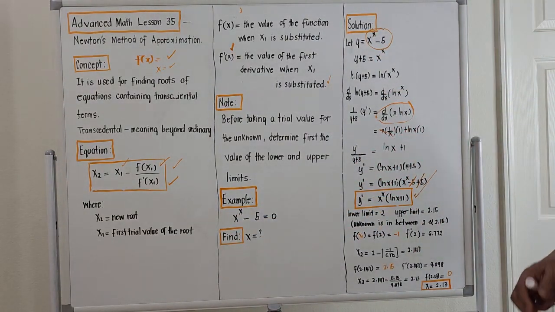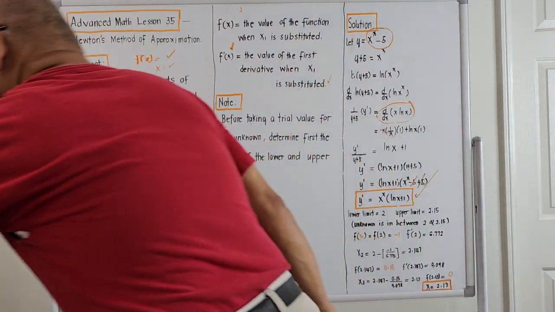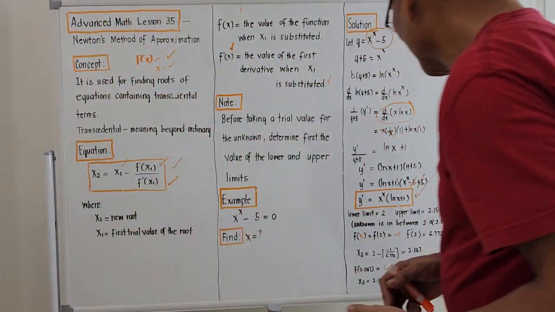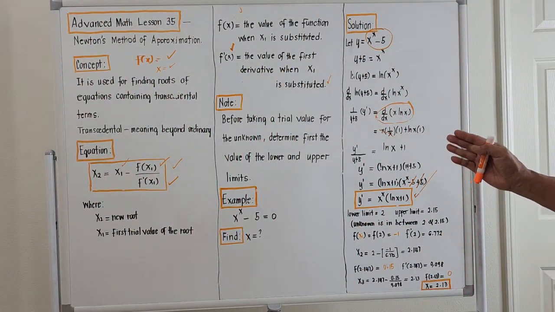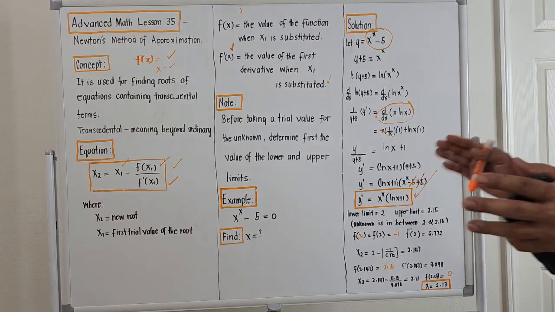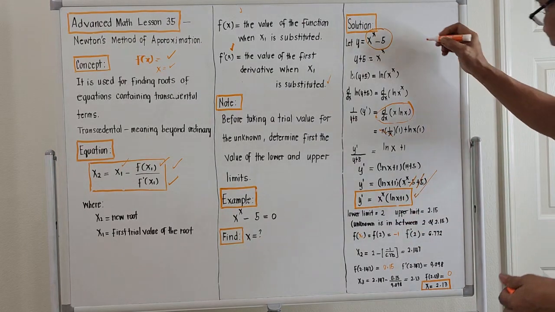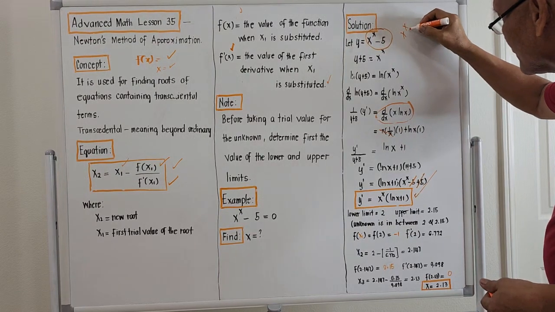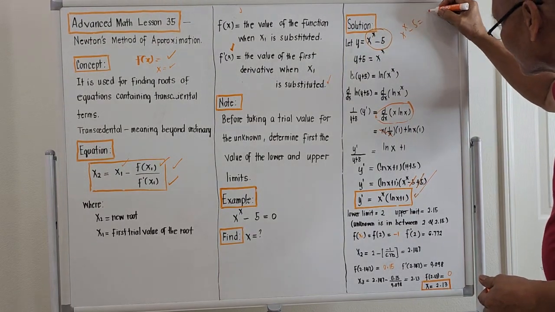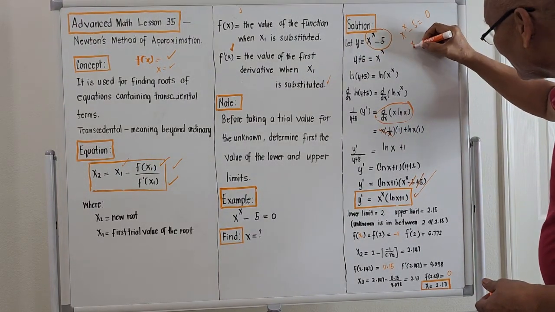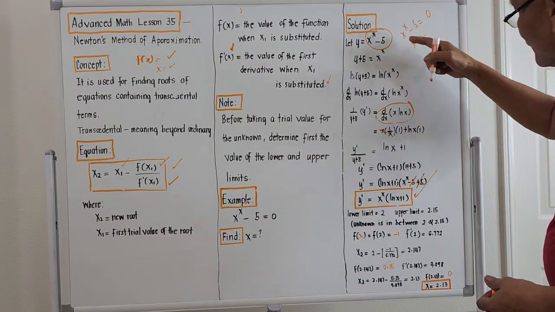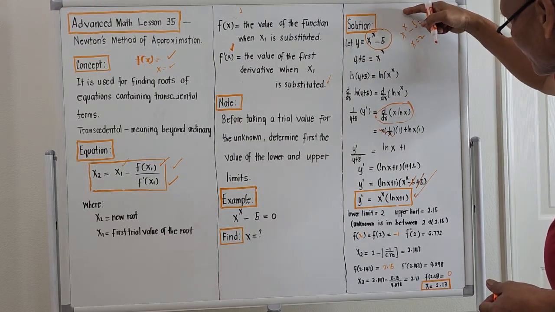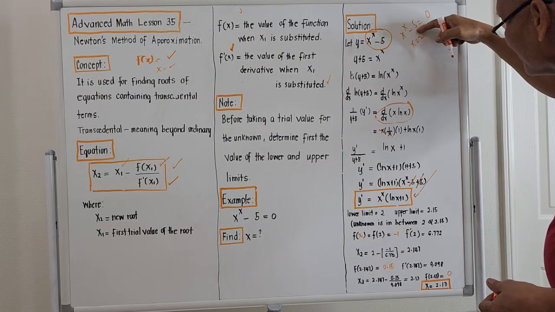So if we try to solve the value of x now, we should know the upper and lower limit. The lower limit. For the value x to the x minus 5 equal to 0, if x equal to 2, 2 to the second power will be 4 minus 5.